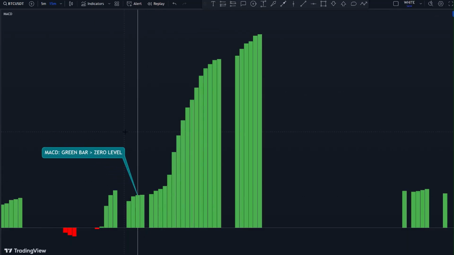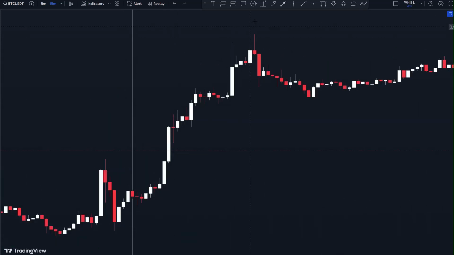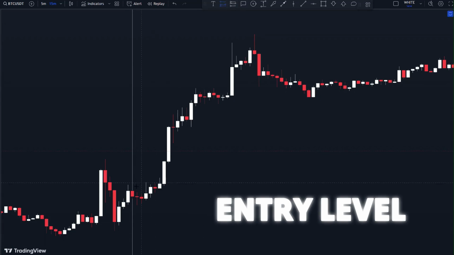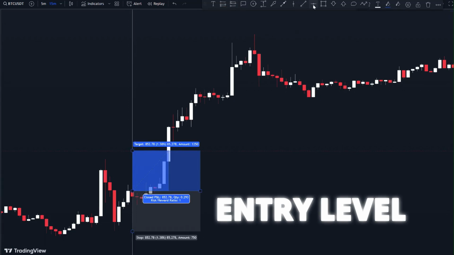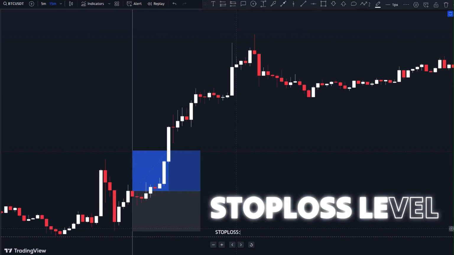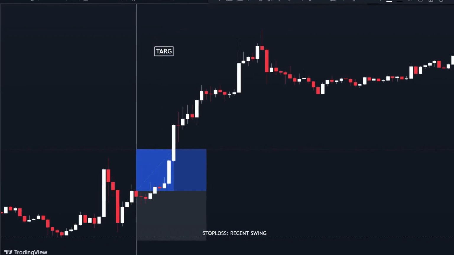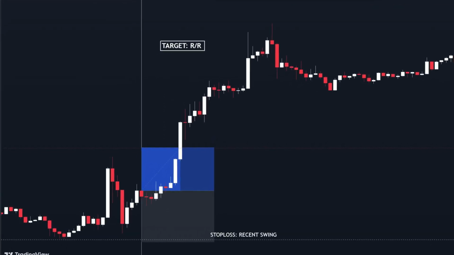Time to go long. To protect your trade, set your stop loss below the recent market swing low. And for taking profit, aim for 1.5 times your risk.